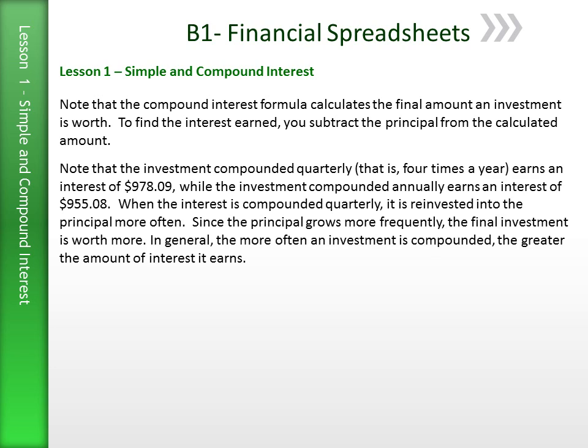When the interest is compounded quarterly, it is reinvested into the principal more often. Since the principal grows more frequently, the final investment is worth more. In general, the more often an investment is compounded, the greater the amount of interest that it earns.